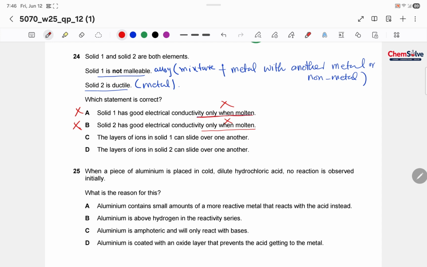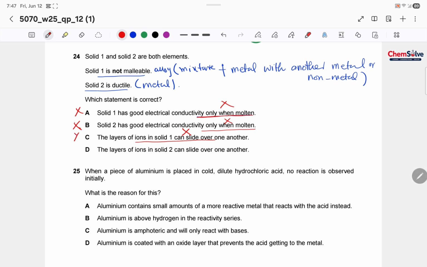The layers of the ions in solid 1 can slide over one another. Not really. Why? Because in an alloy there are atoms of different sizes, one metal and another metal or even a non-metal. Because of the different sized atoms present, it becomes difficult for the ions to slide over one another.